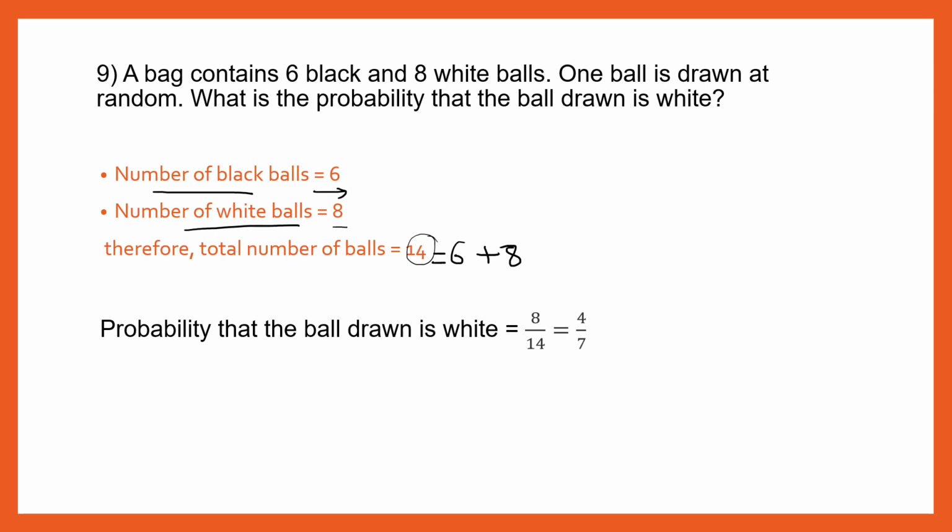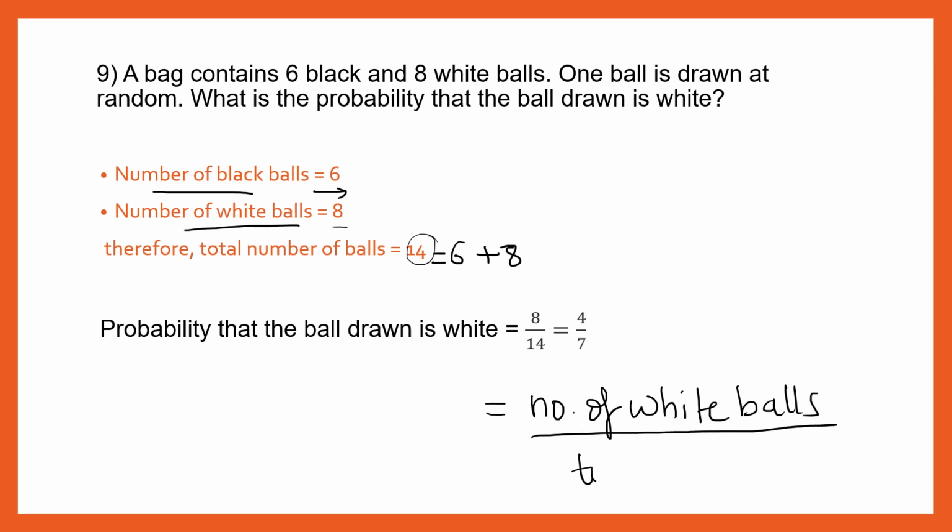So the probability that the ball drawn is white would be, the formula would be the number of white balls divided by the total number. So the number of white balls is 8, divided by the total number, 14.